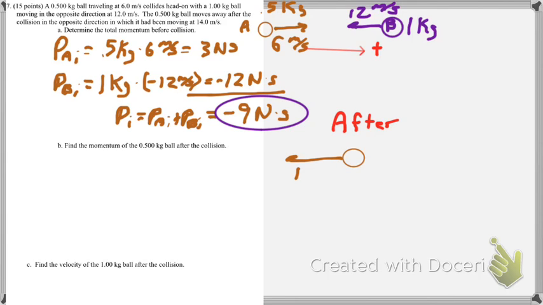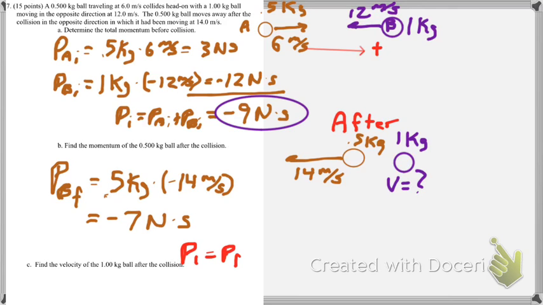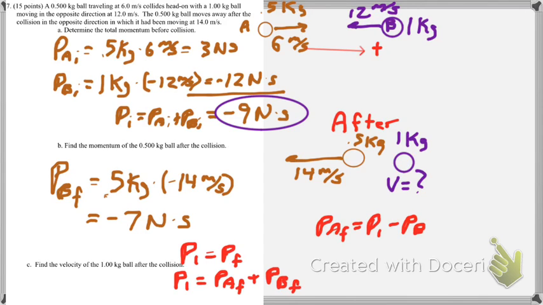After the collision, the lower mass ball is moving at 14 meters per second in the negative direction, so momentum B after the collision is negative 7 Newton seconds. Then if P initial equals P final, the initial momentum equals momentum A final plus momentum B final, and then we can just start solving the equation.